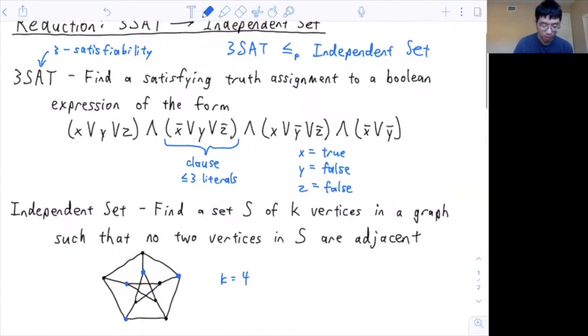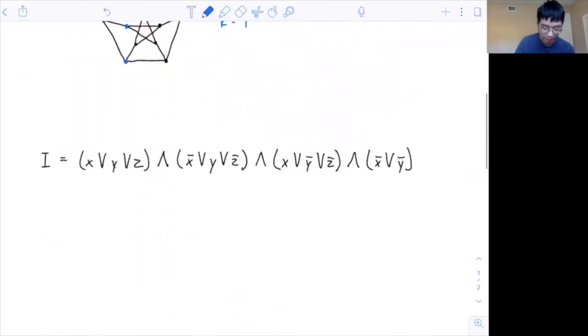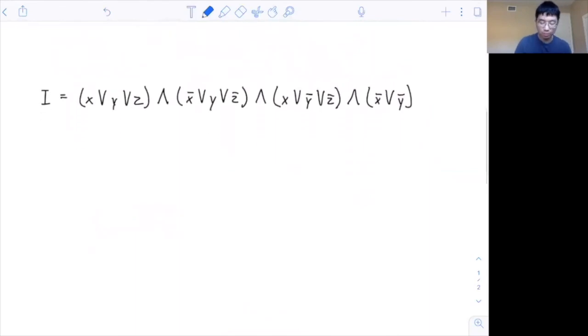So in order to reduce 3-SAT to independent set, we need to show that given any instance of 3-SAT, given any possible input to 3-SAT, we can reduce it to an instance of independent set. So I've reproduced this same example.